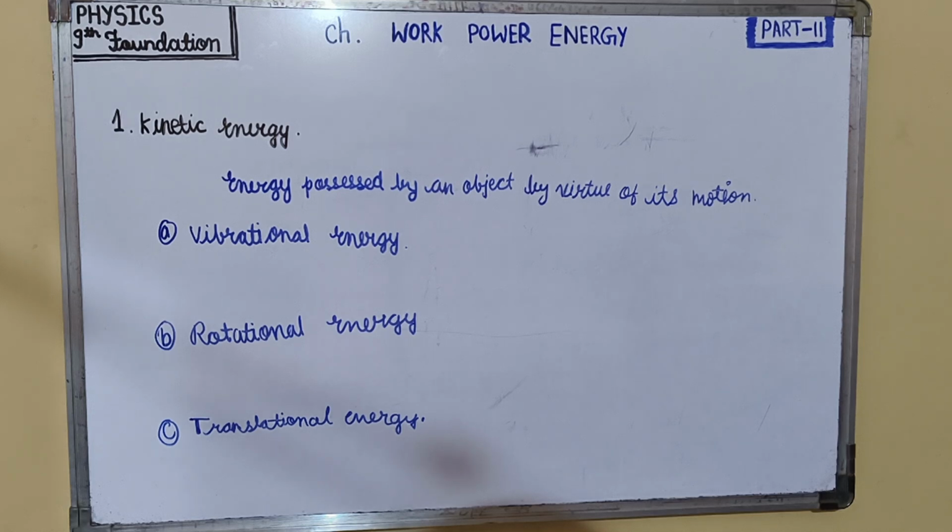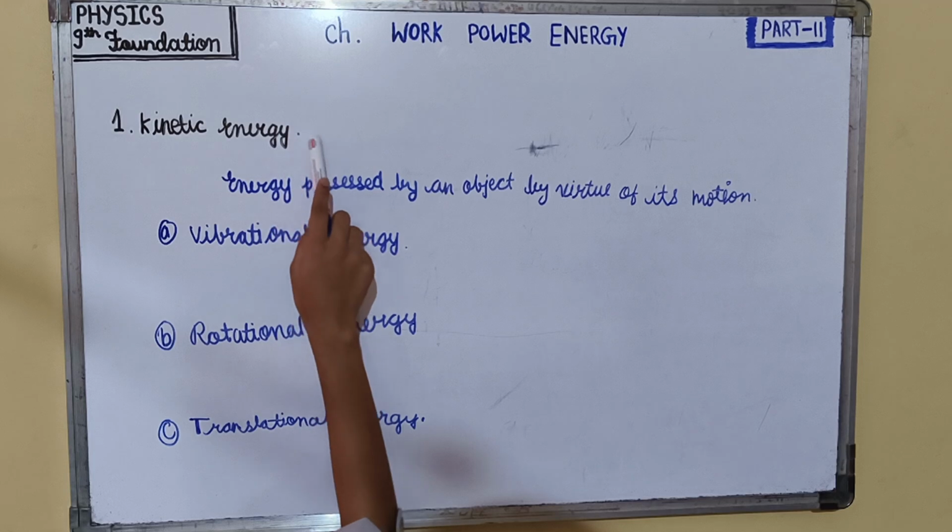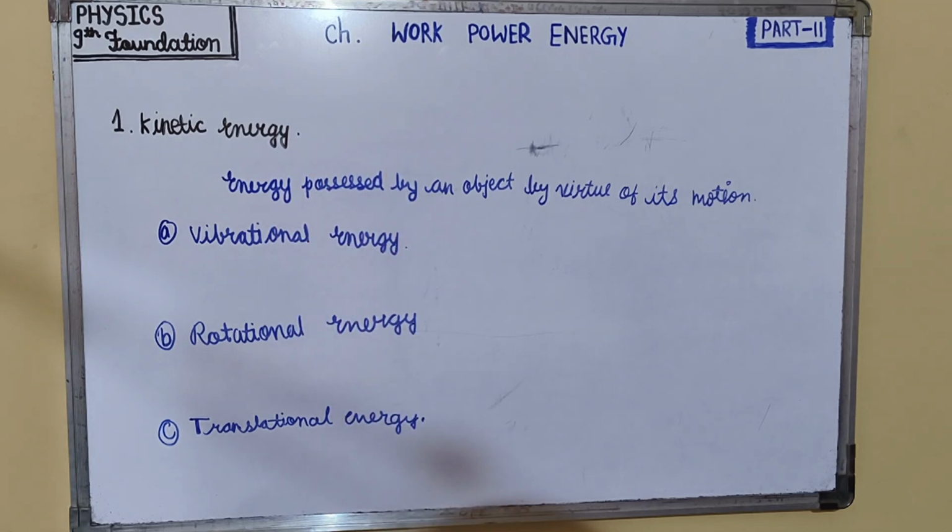This implies that the kinetic energy possessed by the tennis ball is less than that of the iron ball. The conclusion is that the kinetic energy of a body depends on its mass. The more the mass of the body, the greater its kinetic energy.